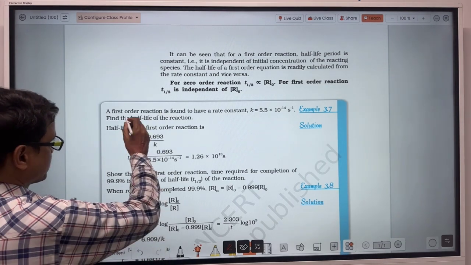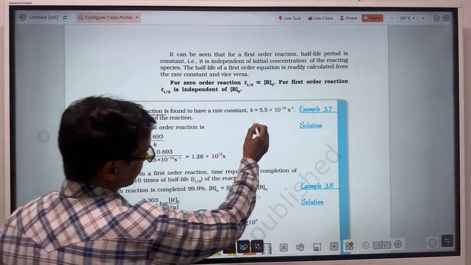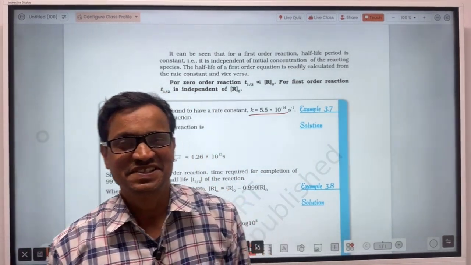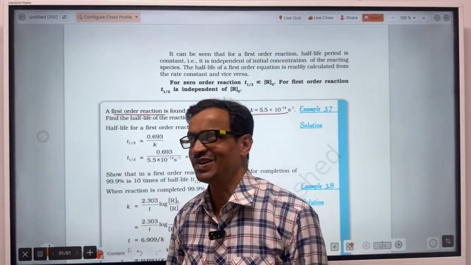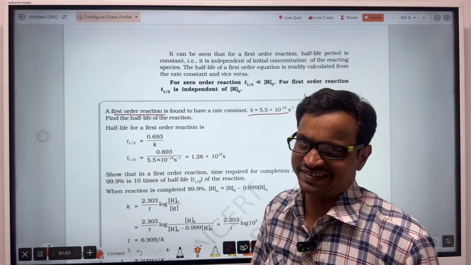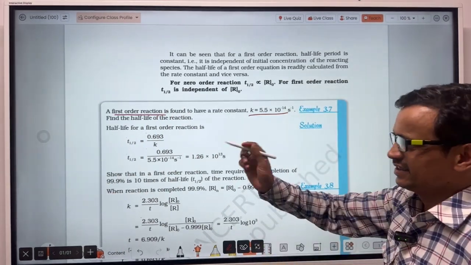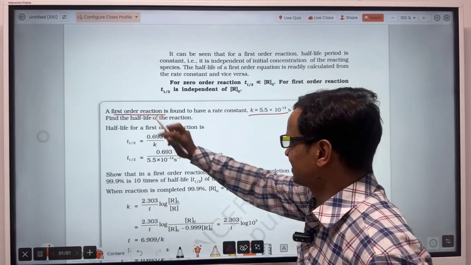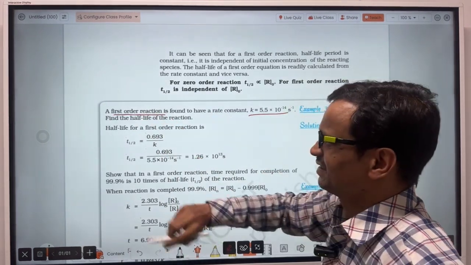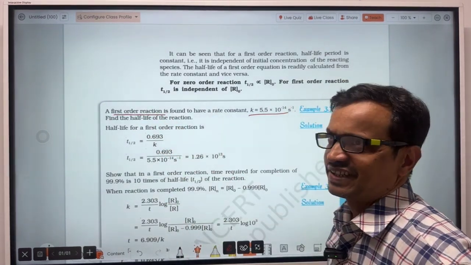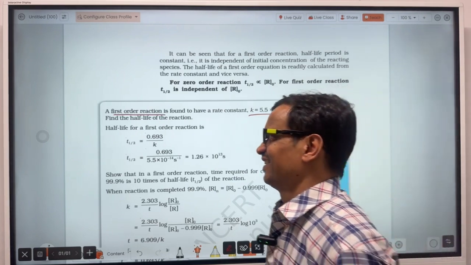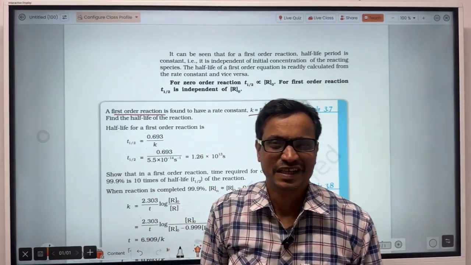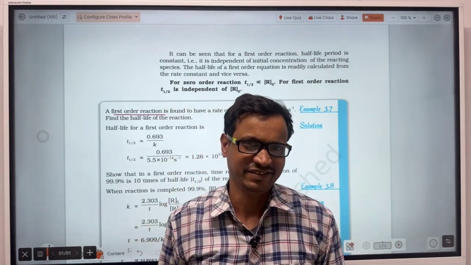Here in the question, it is given that it is a first order reaction and K is that much. In the NEET examination, the order of reaction will not be given. The question will directly say: for a reaction, the rate constant is this; what is the half-life of the reaction? In the 12th board examination, this will be given directly.